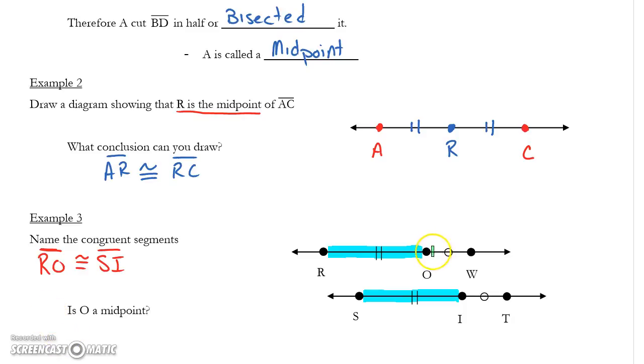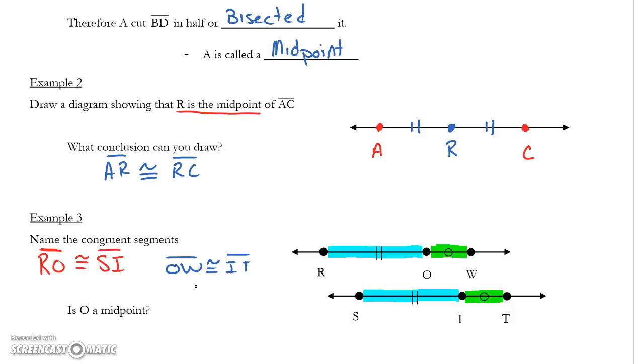In addition, though, I have segment OW with that circle, and segment IT with that circle. Those 2 segments are also congruent. So I would say that segment OW is congruent to segment IT.